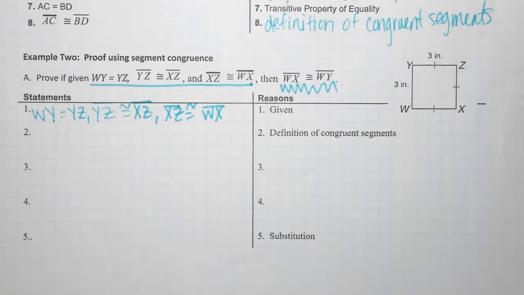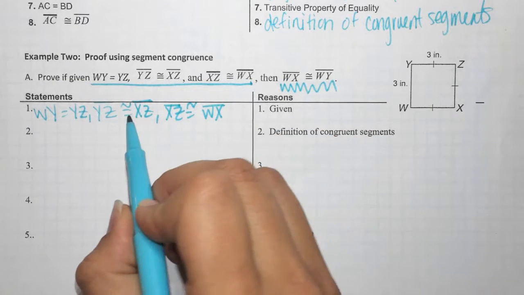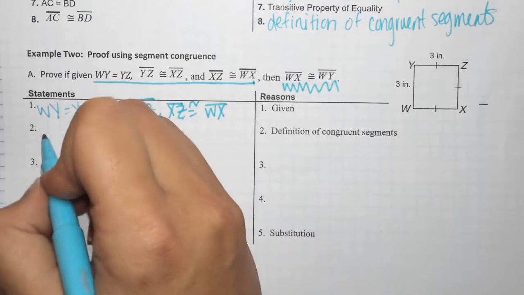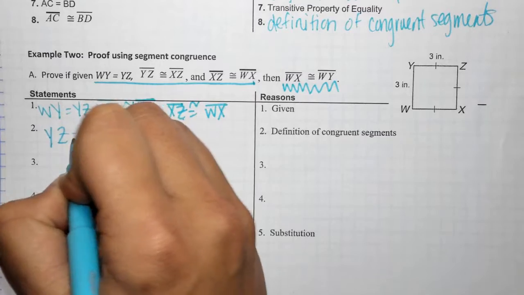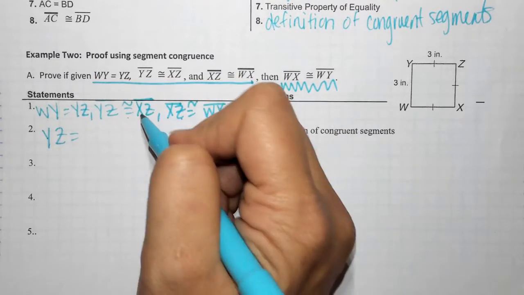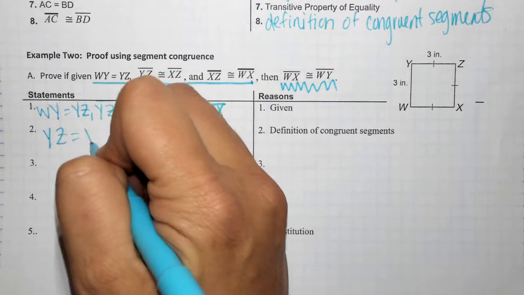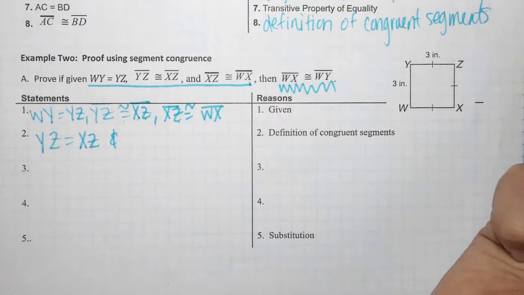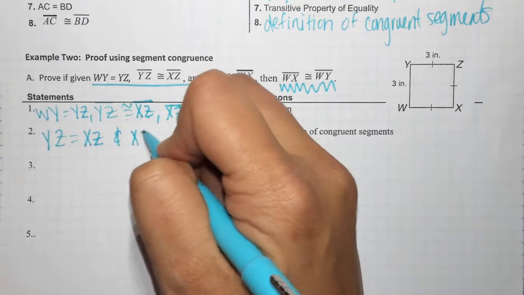So the next step says definition of congruent segments. So we would take our congruent segments and say what? YZ equals what? And what else?